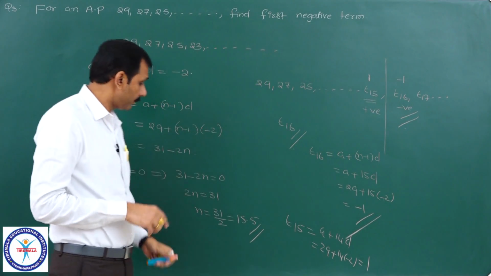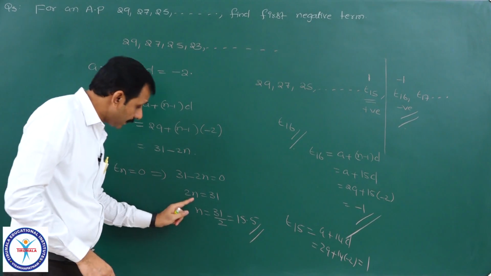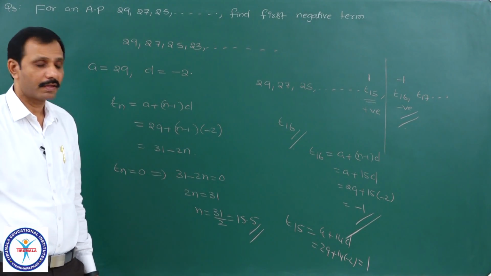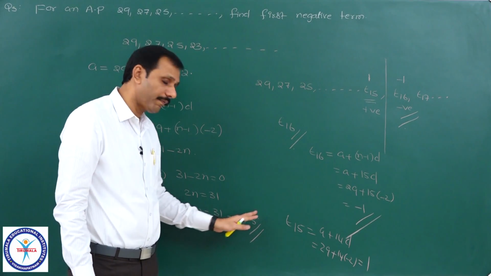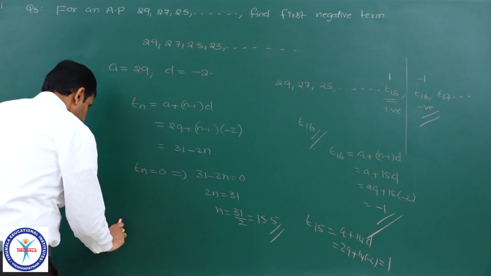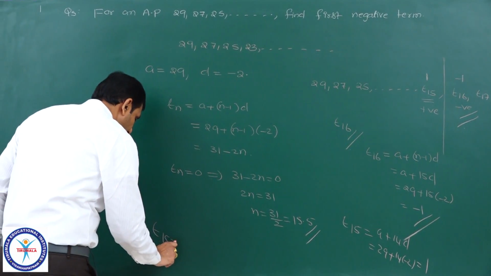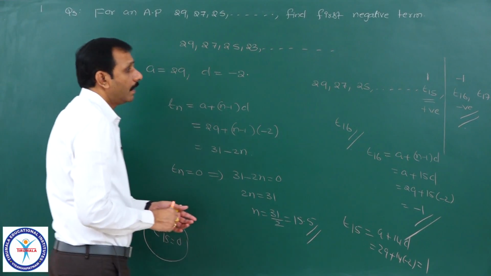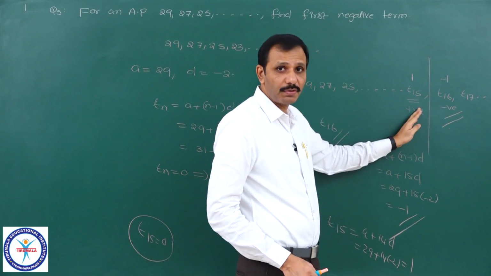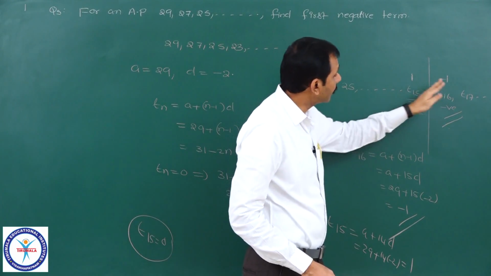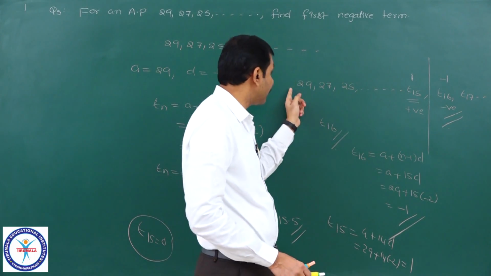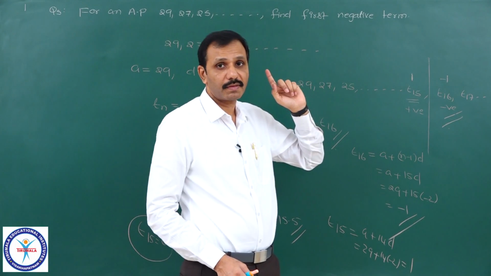Now you observe, suppose this n comes as an integer. Suppose n is equal to 15 or 16, if it comes, what is the meaning here? Suppose t15 equal to 0 if you get. t15 equal to 0 means this term is 0, next term is negative, before that term is also positive, because it is a decreasing sequence.